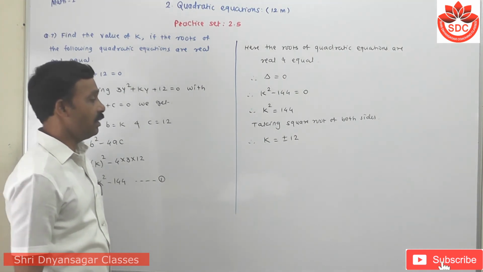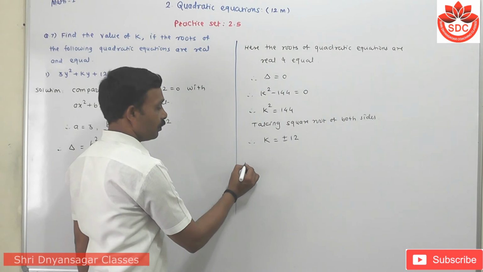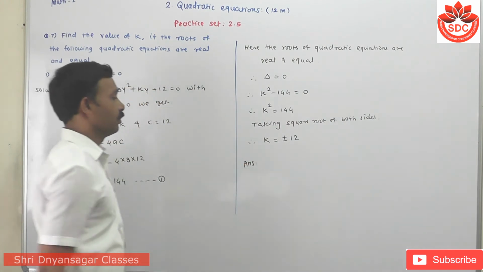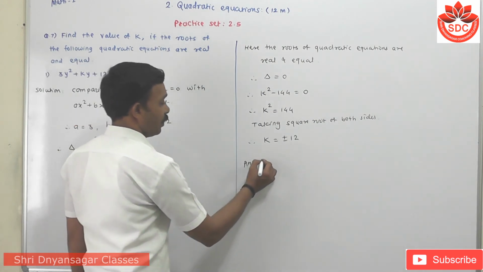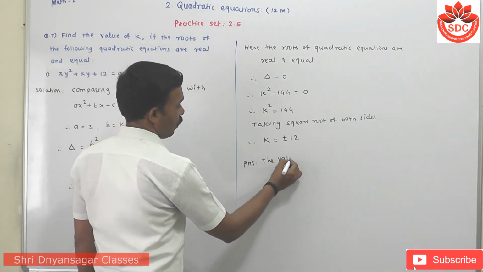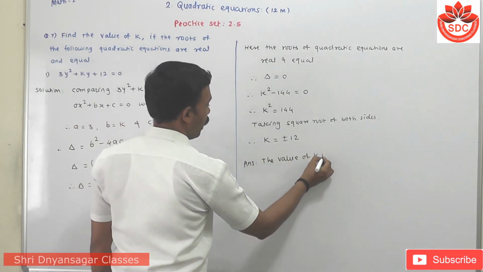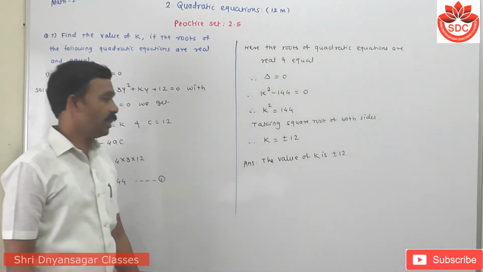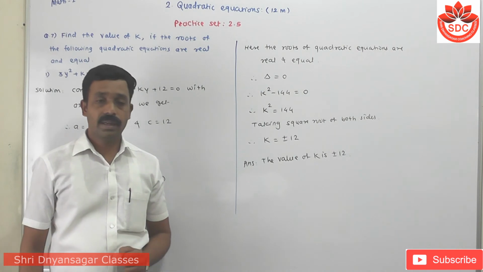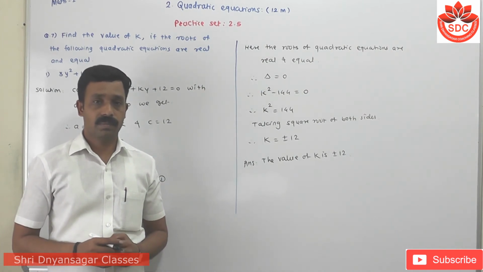The answer: we have to find out the value of k, and the value of k is plus minus 12. Can you understand this? Okay. Then take the next question.